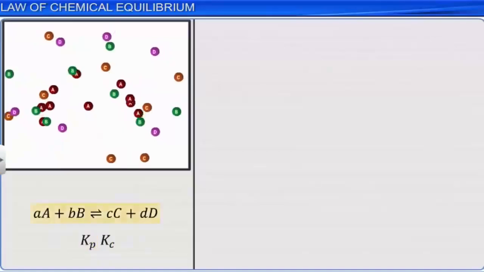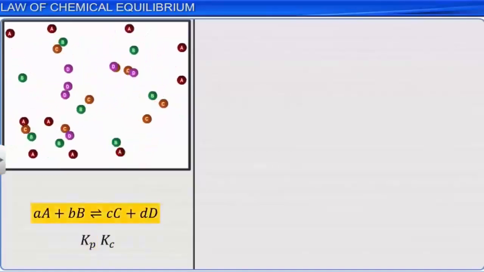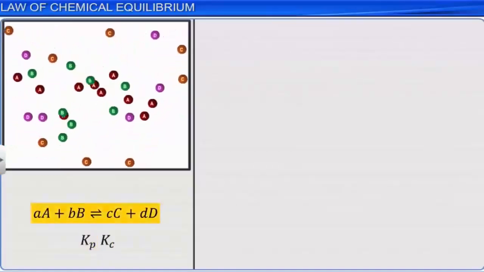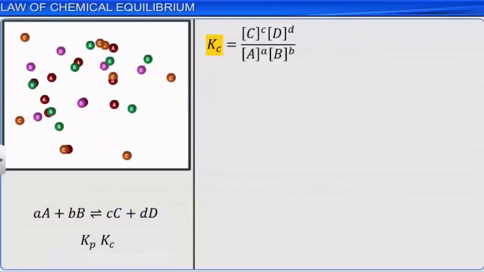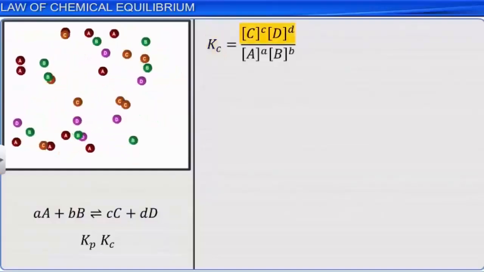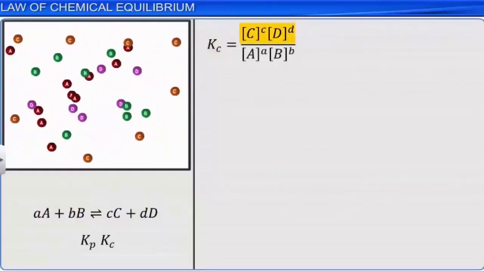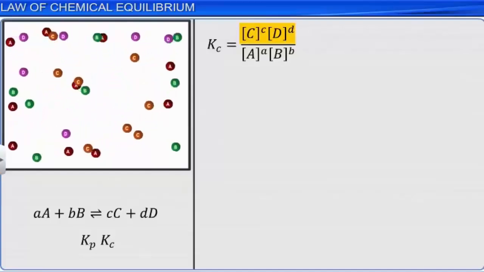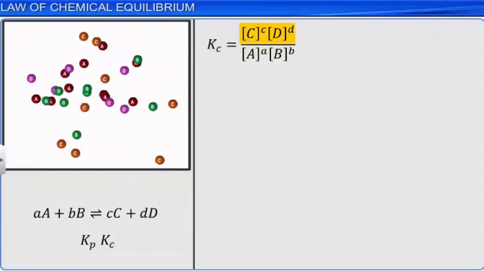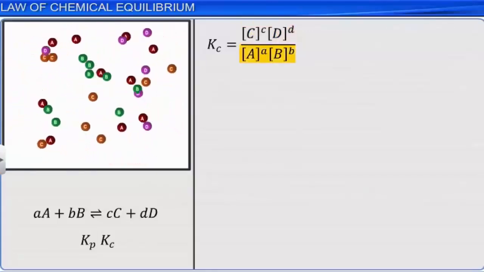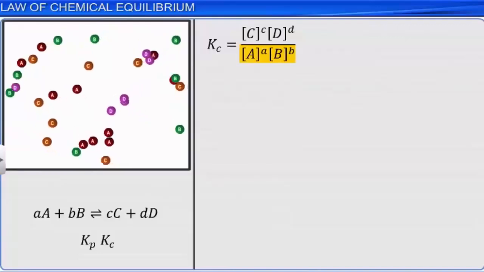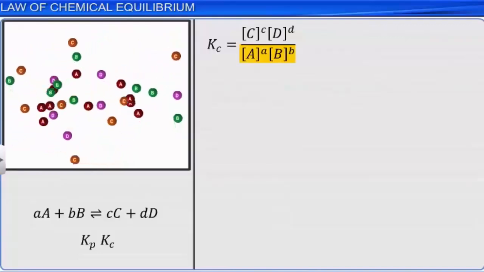For a general reaction of the type aA + bB in equilibrium with cC + dD, the equilibrium constant is written as Kc equals the product of the concentrations of the products, [C] raised to the power of c and [D] raised to the power of d respectively, divided by the product of the concentrations of the reactants, [A] raised to the power of a and [B] raised to the power of b respectively.